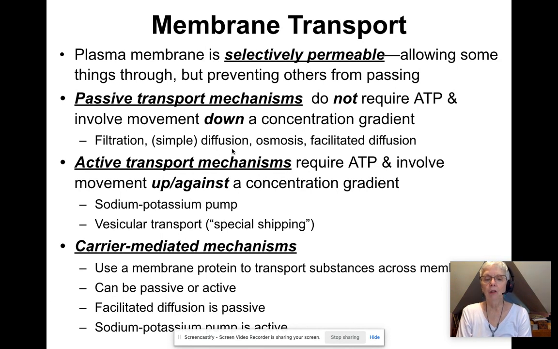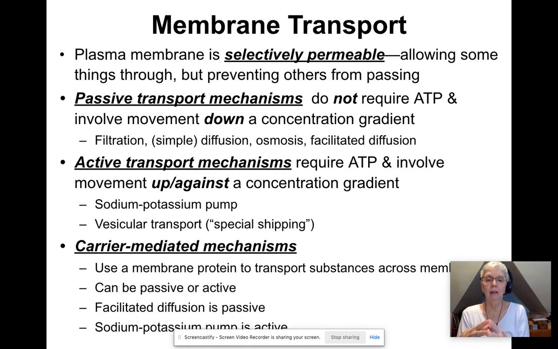Simple diffusion, osmosis, and facilitated diffusion all go under passive transport. With active transport, you move up or against the concentration gradient. So you're moving from an area of low concentration to an area of high concentration. The sodium-potassium pump is very important in many functions in our body, so that's one.